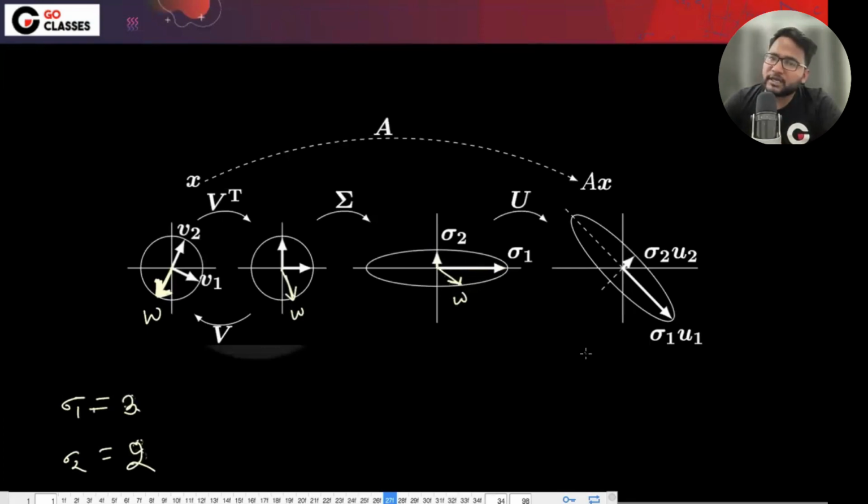Will it be greater than 3? What is the minimum length of this w? It could be as small as sigma 2, which is 2, and could be as big as this 3, right? We will prove it mathematically also, but for now I'm just saying the length of w will be between 2 and 3 if the initial length was 1.